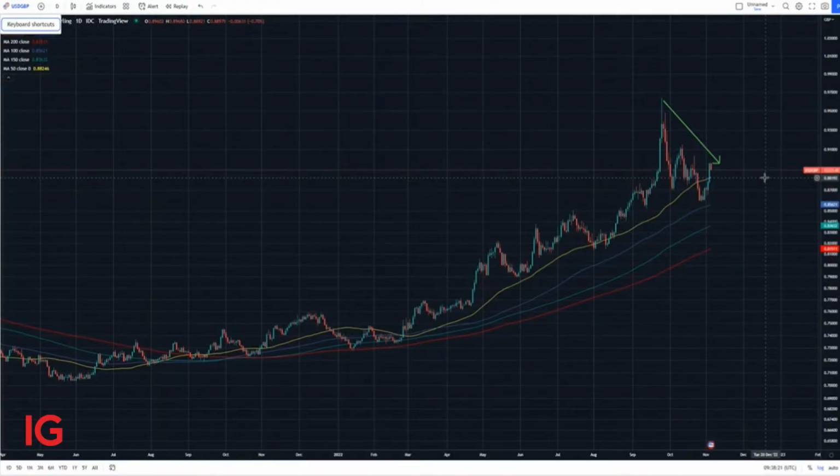If we look at, I brought up, for example, dollar sterling. Now this is in the atypical way of quoting it. I actually went how many sterling it costs per dollar, as opposed to the sterling dollar cross. And basically what you can see is it's making lower highs. So the dollar versus sterling, the pound, is making lower highs.